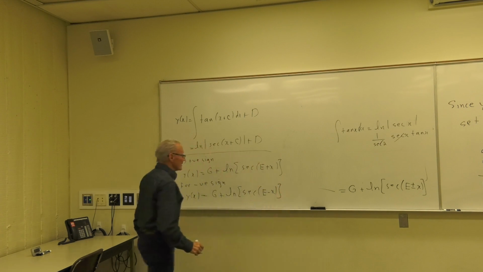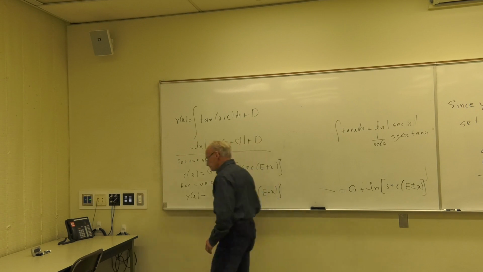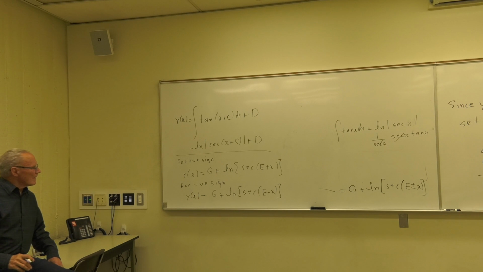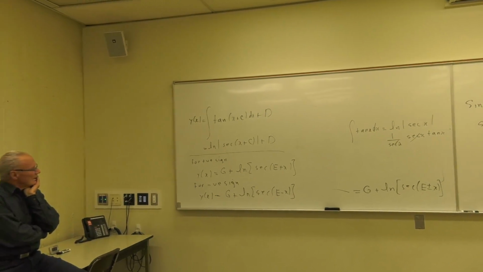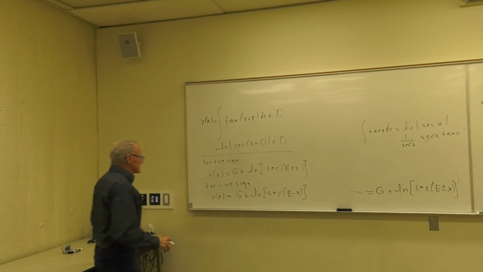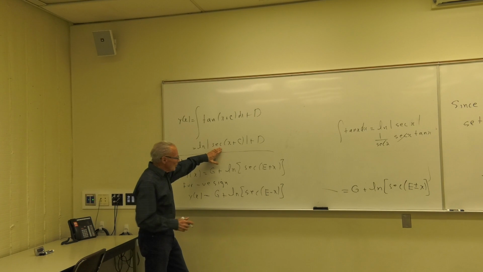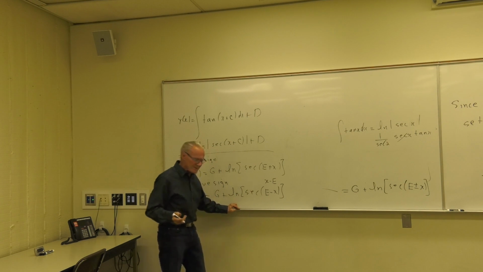So we choose the minus sign here, we have that. All right, we want to say, is that the same as this? Would you allow me to put into here x minus e? Is that the same thing?